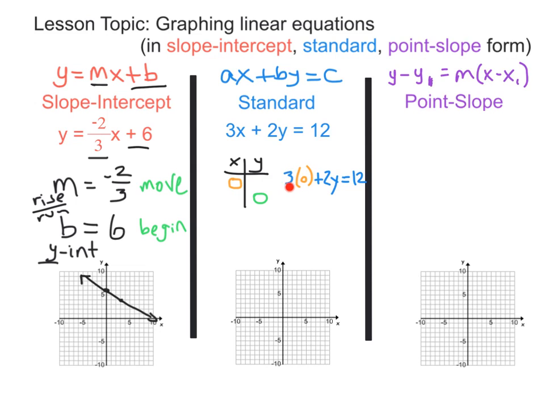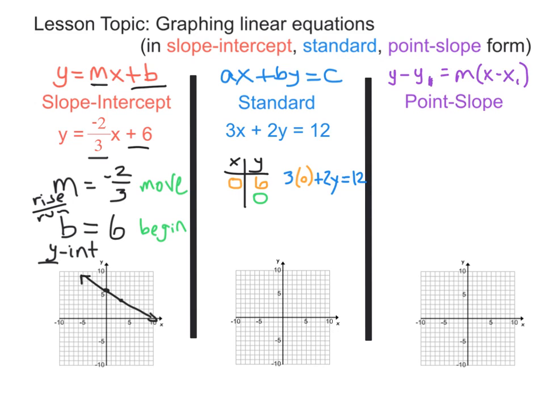So this 3 times 0 right here becomes 0. So you can kind of ignore all of this now, and then all you've got is this little equation right here, 2y equals 12. Well, if 2y equals 12, what do I have to multiply 2 by to get 12? The answer is 6. So 6 is our y value when x is 0.